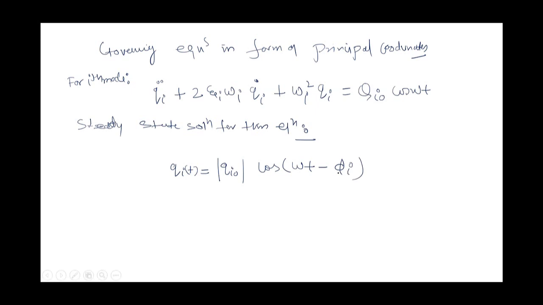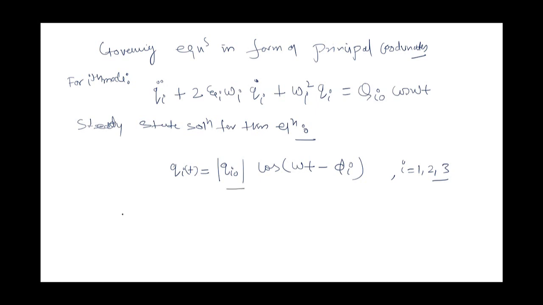So this is the solution. Here i equals 1, 2, 3. Now this Qi naught is the amplitude of this response, and this is the solution in the form of principal coordinates.